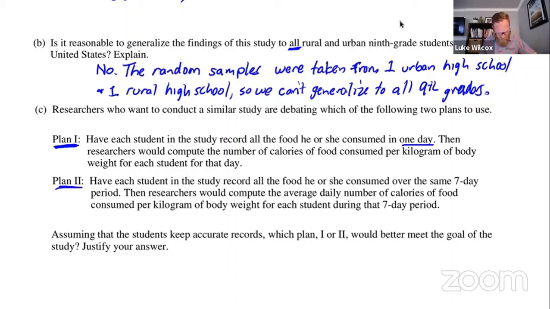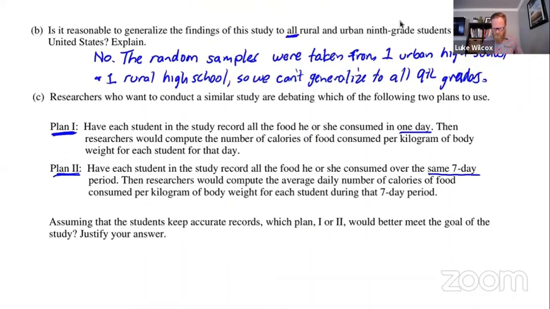Plan two, have each student in the study record all the food he or she consumed over the same 7-day period. Then researchers would compute the average daily number of calories of food consumed per kilogram of body weight for each student during that 7-day period instead of 1 day. Assuming that the students keep accurate records, which plan, one or two, would better meet the goal of the study?